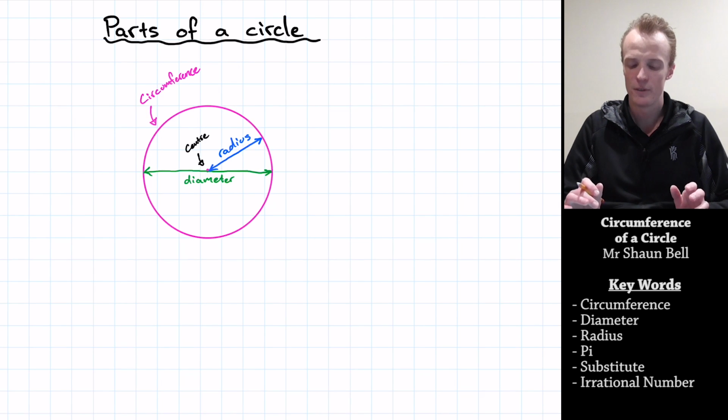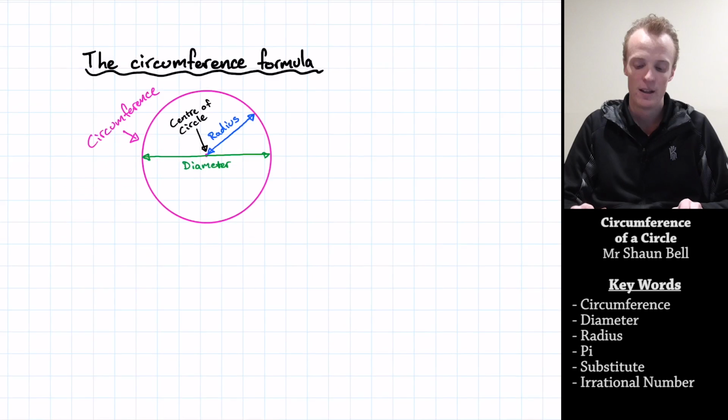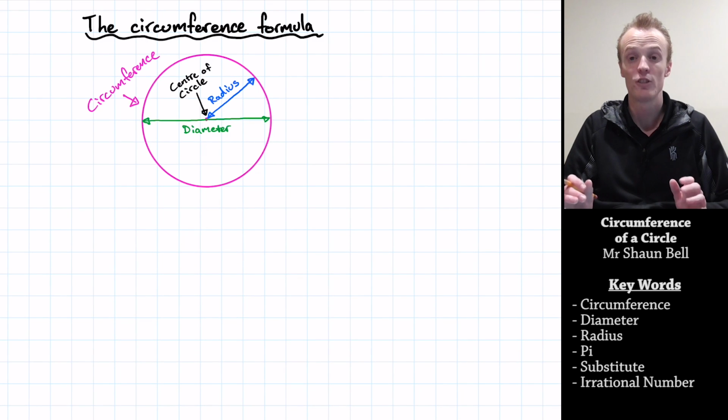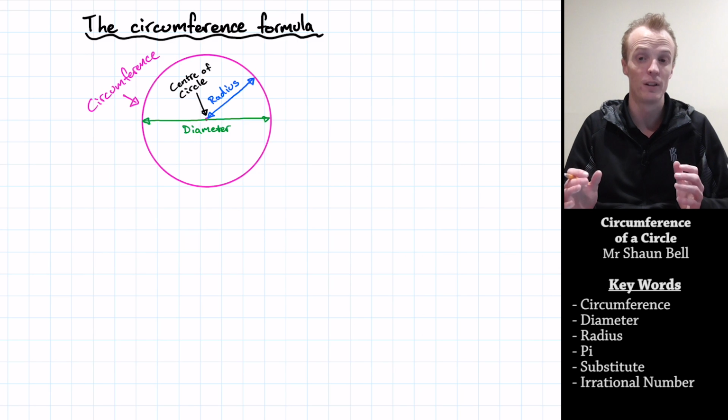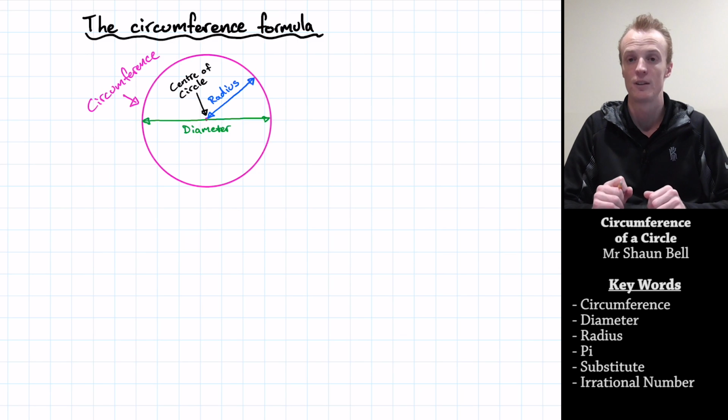And now we've identified the different parts of a circle, let's take a look at a special relationship that exists between the diameter and the circumference, and how we use this to create a formula to find the circumference of a circle.